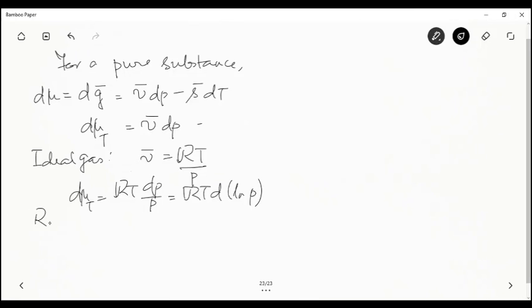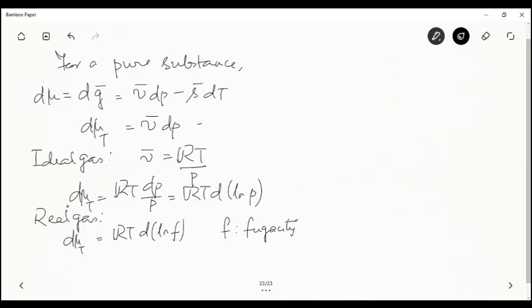So for real gases, let me write d mu T is equal to RT d of log f, where f is called the fugacity. In the limit of ideal gas, that is as the pressure goes smaller, the fugacity becomes the pressure, and so the fugacity also has the same units of pressure.